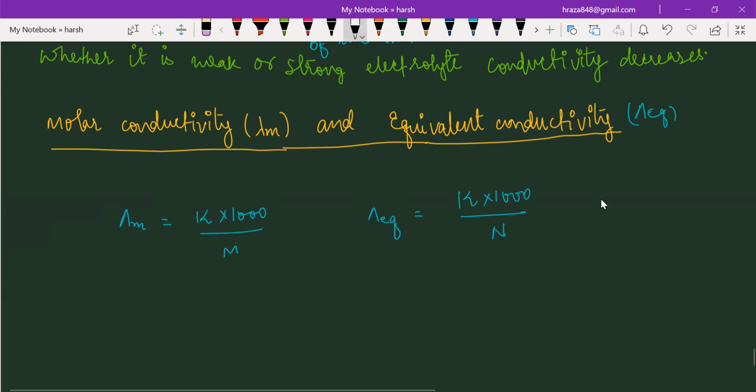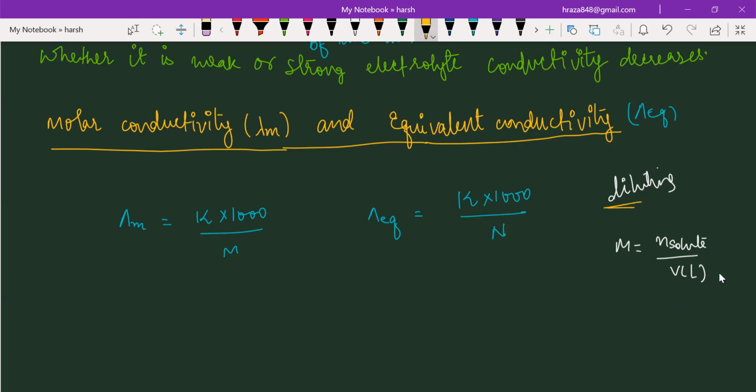And here we are diluting the solution. Do you know the formula for molarity? Number of moles of solute upon volume of solution in liters. If dilution takes place, that means volume increases. Yes or no?